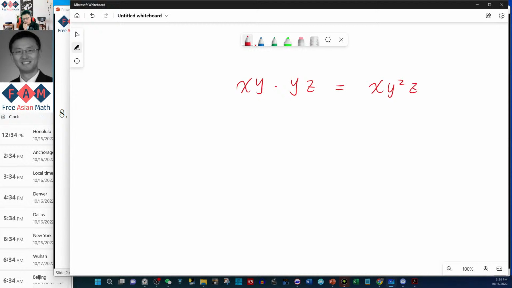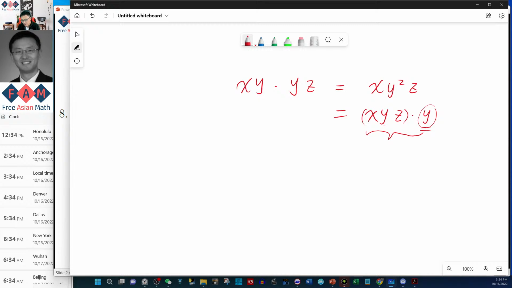This is close to what we want, but this has 1 extra y. If we group xyz together, we see there's 1 extra y we don't know yet. So even if we know what this number is, because we don't know y, we still cannot figure out xyz.